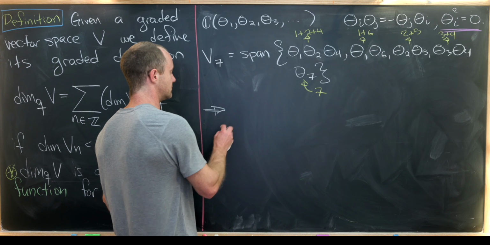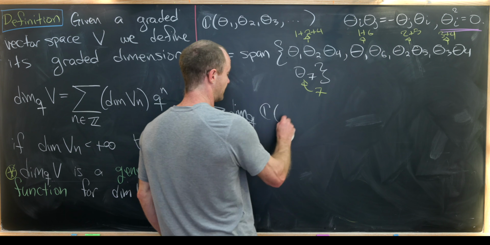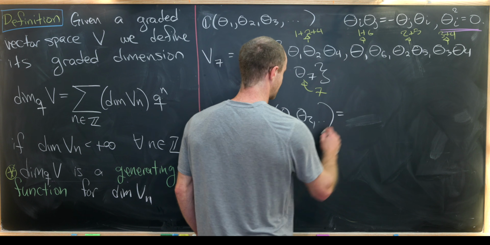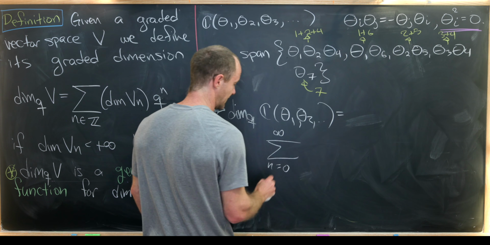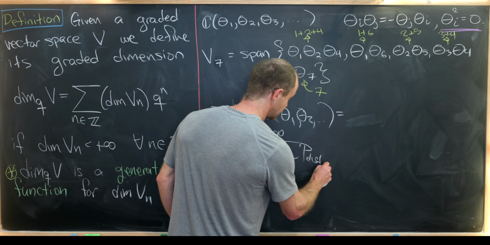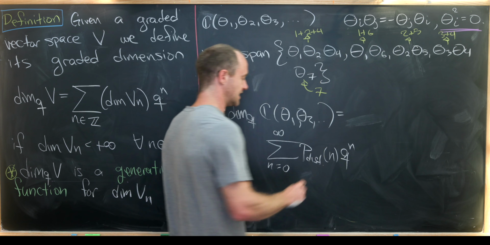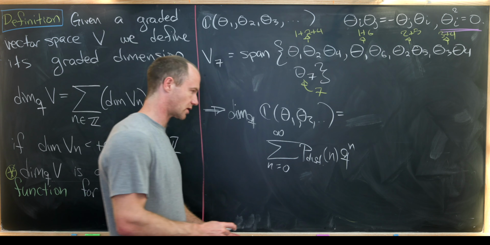So that gives us some motivation to write down the graded dimension of this algebra pretty easily. The graded dimension of this will be the sum, as n goes from 0 to infinity, of p dist, for distinct, of n q to the n, where that's the number of partitions of n into distinct parts.